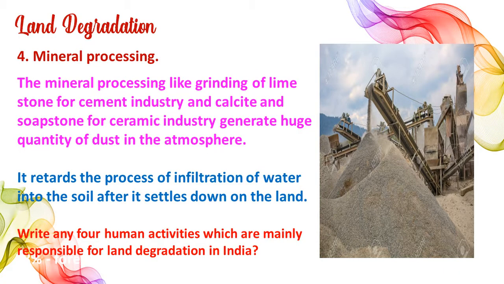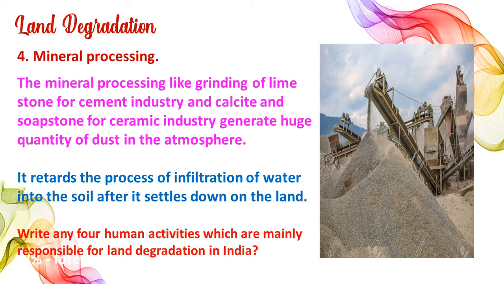Mineral processing. Grinding of limestone for the cement industry, and calcite and soapstone for the ceramic industry, generates huge quantities of dust in the atmosphere. It settles on the land and water and reduces the infiltration of water into the soil.